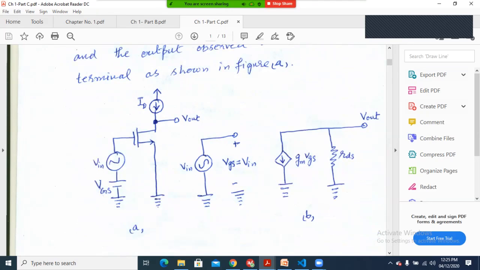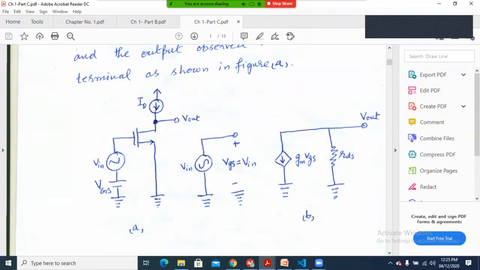So in fact, VGS is equal to Vin. So we substitute the value of VGS as Vin, giving gm Vin, and the output is taken across the output resistance of the transistor. So this is gm VGS into RDS.